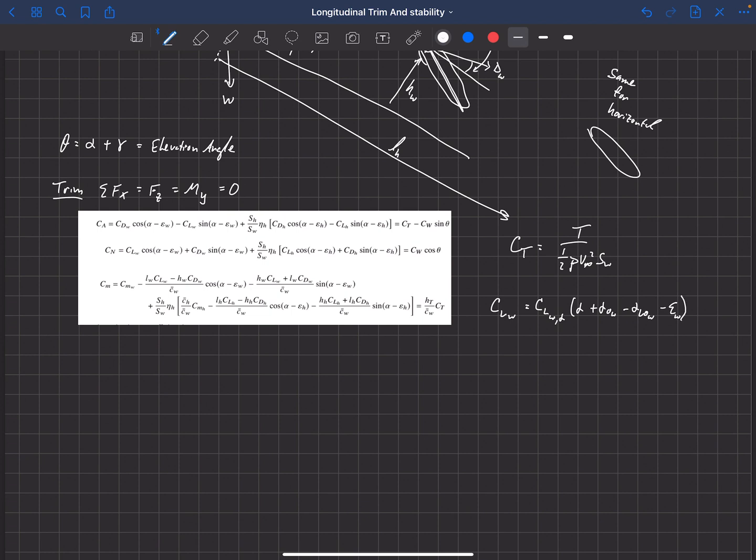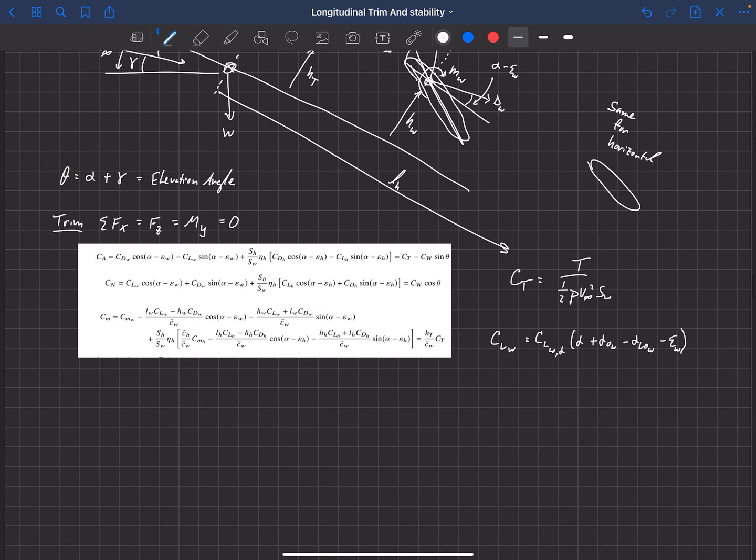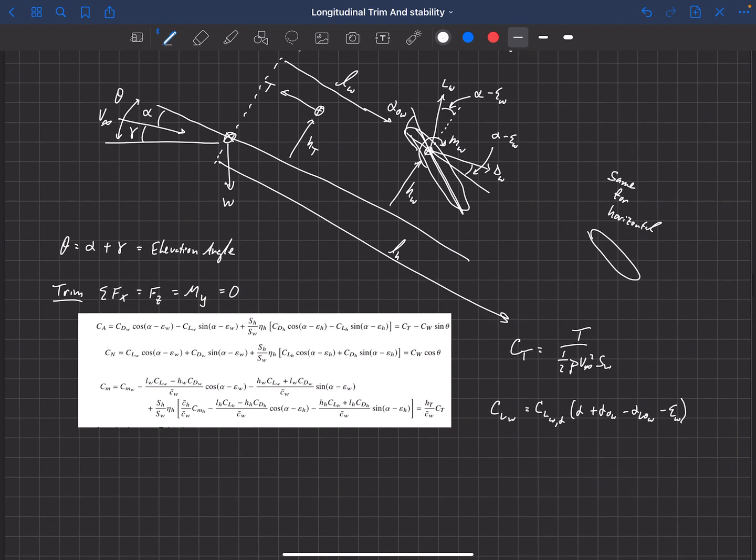So that would be the lift on the main wing now. And then the lift on the horizontal is the same as what we've said before. So in general, we've seen most of this before. We're just including a few more terms, including the vertical offsets here.